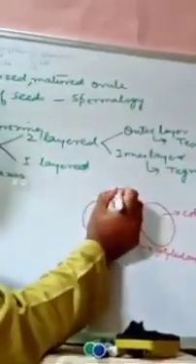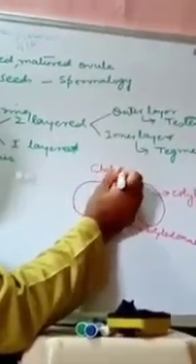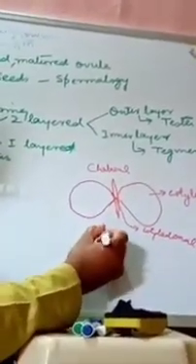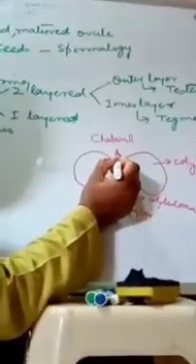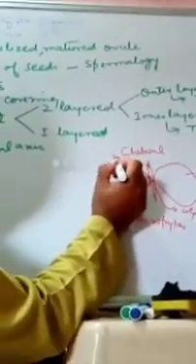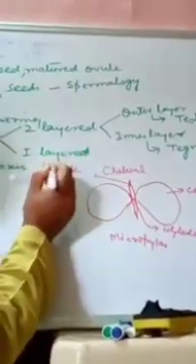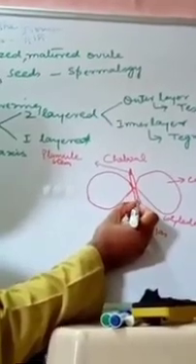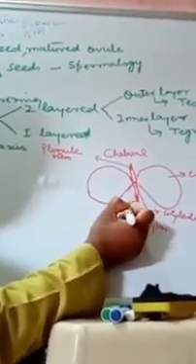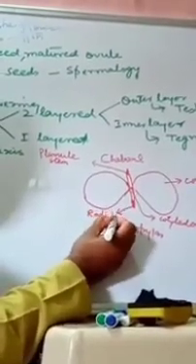Now this part, that is towards the chalazal end, and this is the micropylar end. Towards the chalazal end, the tip is called the plumule. This plumule gives rise to the stem, and the tip towards the micropylar end is called the radicle. This radicle gives rise to the root.